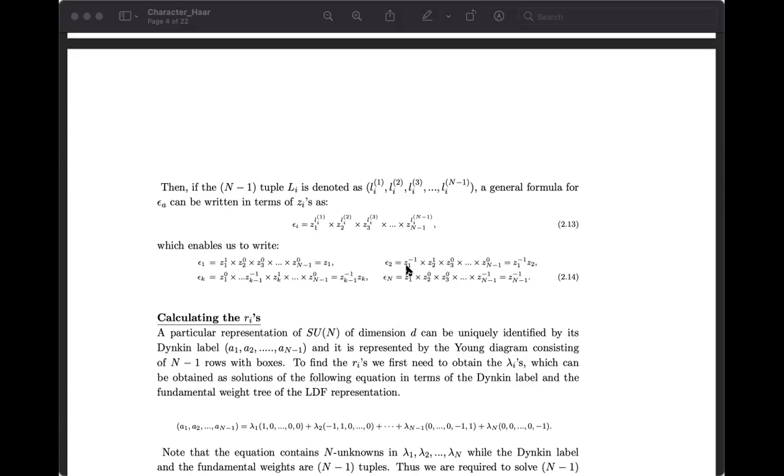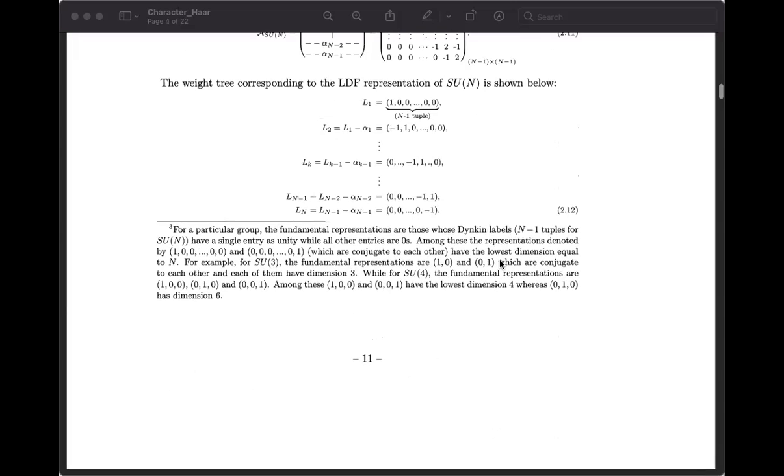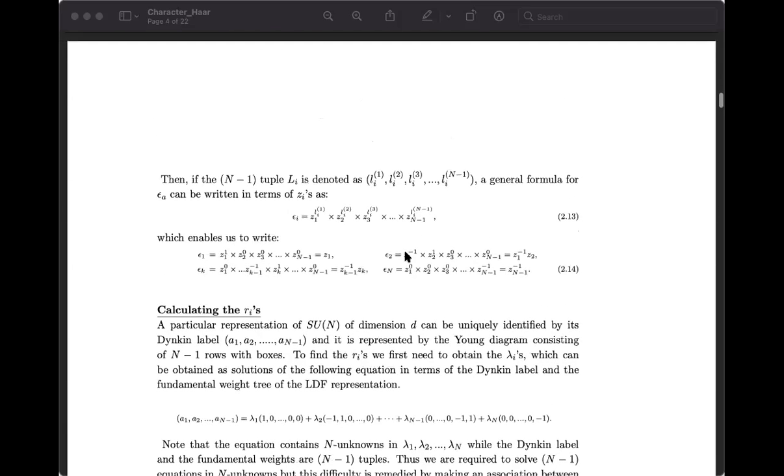And for epsilon 2, the element is L2, which is minus 1, 1, 0, 0. That's what they appear to be, and in this way you get the relation of all the epsilon i's with the z's.